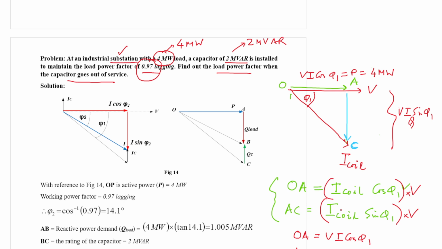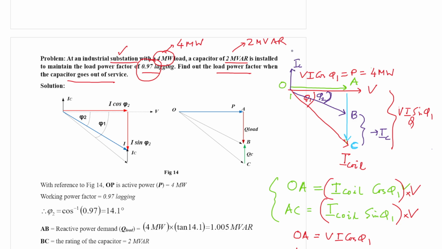Now, when the capacitor was connected, from the theory you can understand that this should be the diagram. When the capacitor was connected, our actual current was this. This was actually phi 2. Let me say this point is B. So this BC is actually IC.